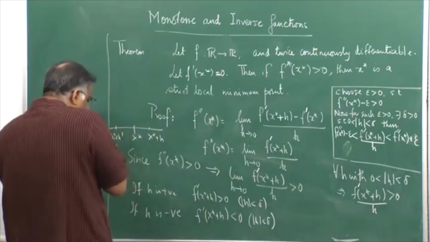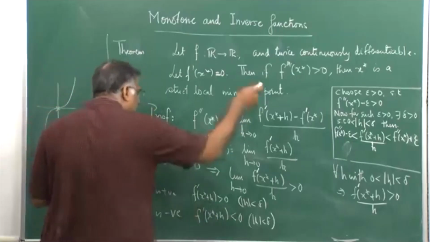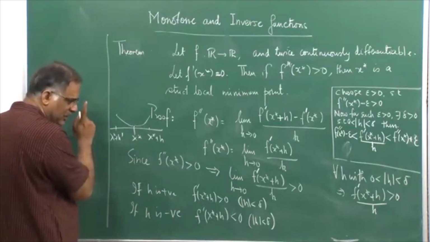So, between x star and x star plus h, the function is increasing, and between x star and x star minus h, the function is strictly decreasing, strictly. Please understand the term.